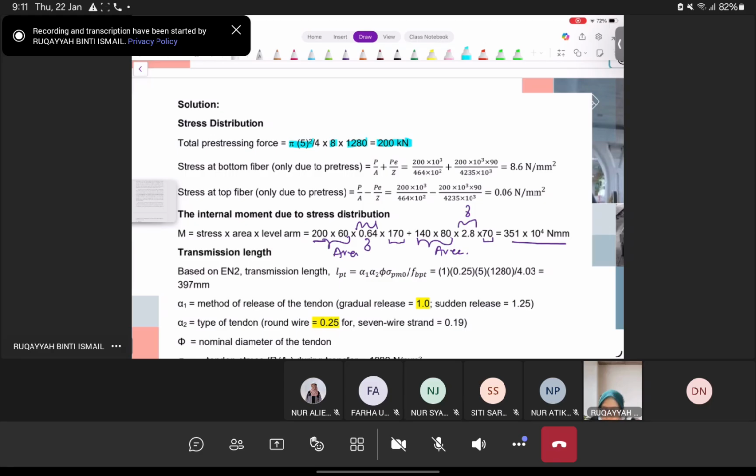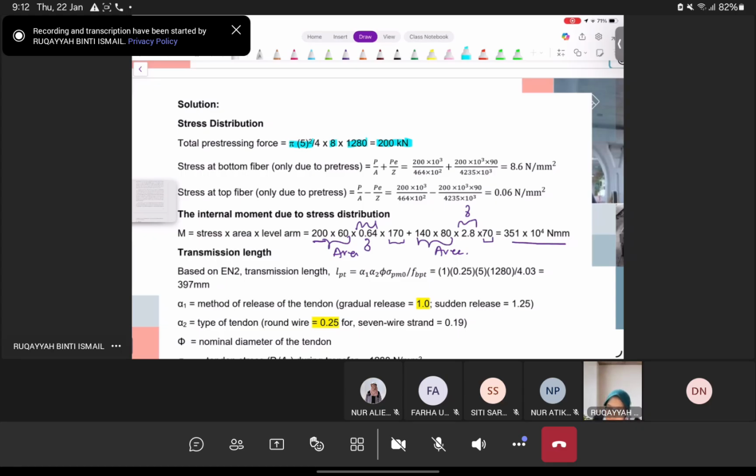Okay, so now with this value, you can calculate the total stress at the bottom fiber and also the top fiber due to the pre-stressing only. All right, with this calculation, because you know your P and you know your e, the position of your tendon, you know the area and also your Z, because of the information given to you.